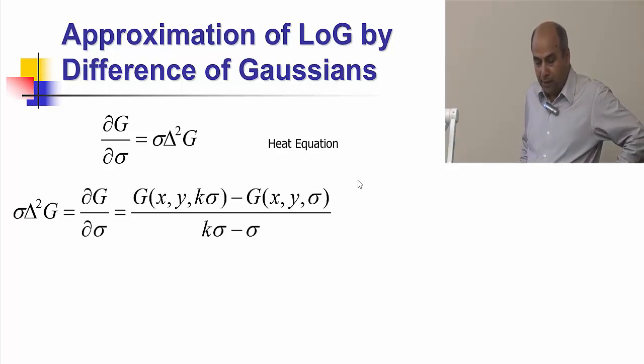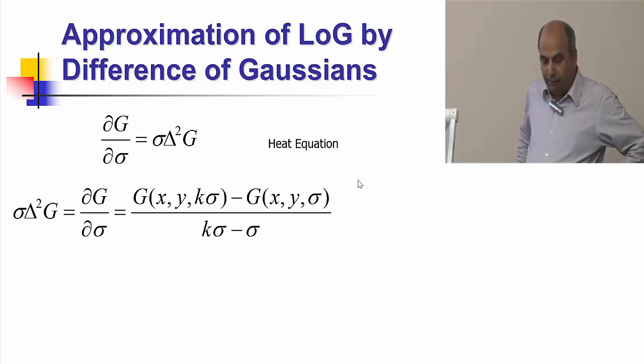So what that means, as we have learned in the first lecture, how do we find the derivative of Gaussian in a discrete domain? You just do the finite difference.